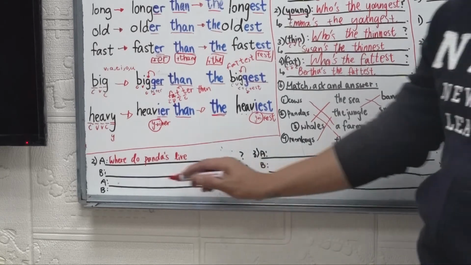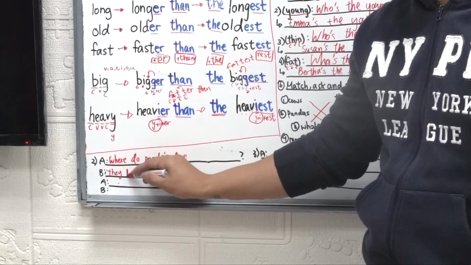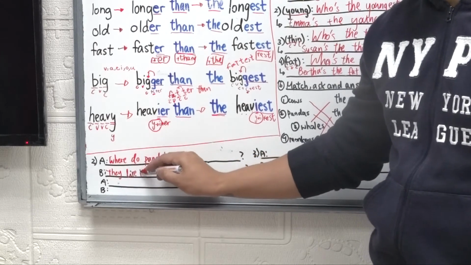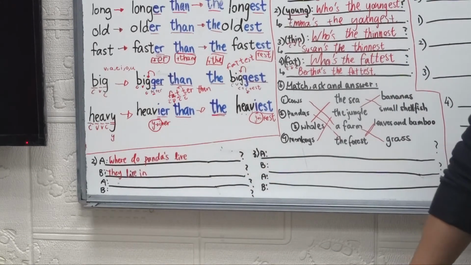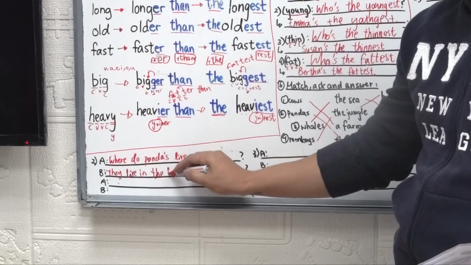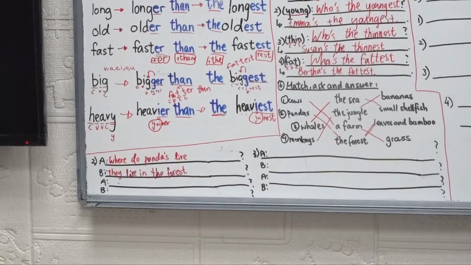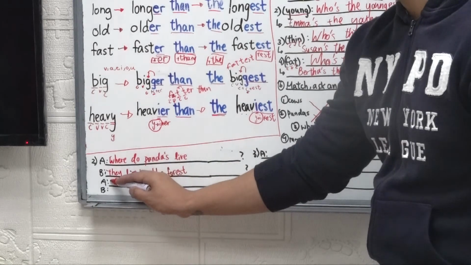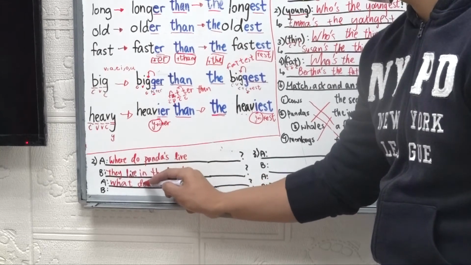And then the answer should be they live in where? Where do pandas live? In the forest. They live in the forest. Next question, what do they eat, right? What do they eat? I'm sorry if it's too small.